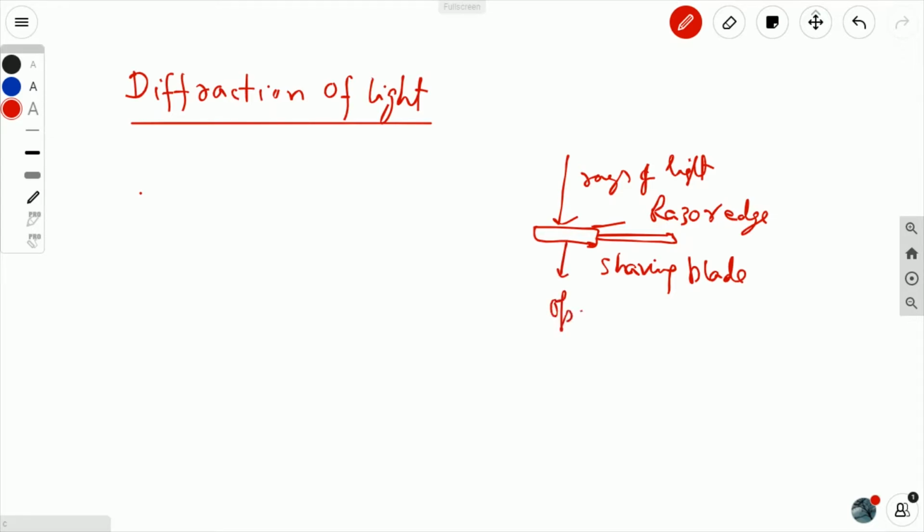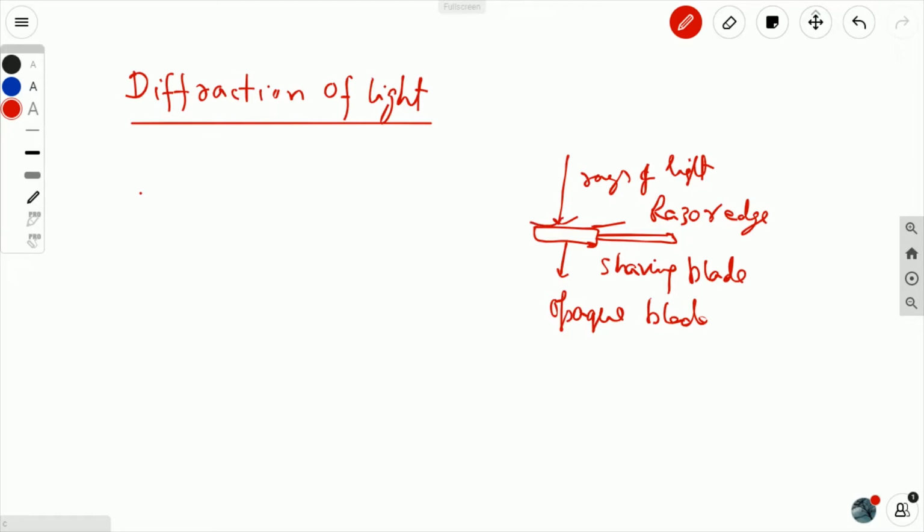Razor edge is an opaque object. The rays of light will come and strike the razor edge of the shaving blade, then the rays of light will bend around it.